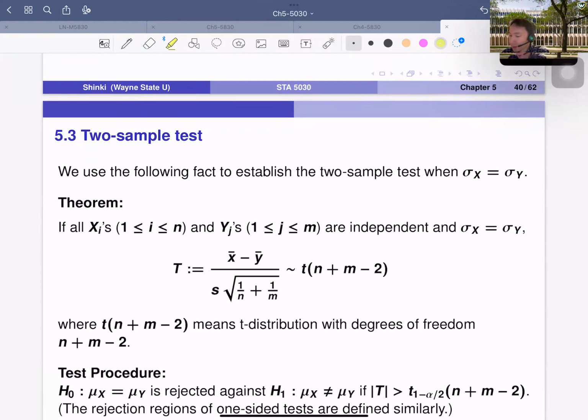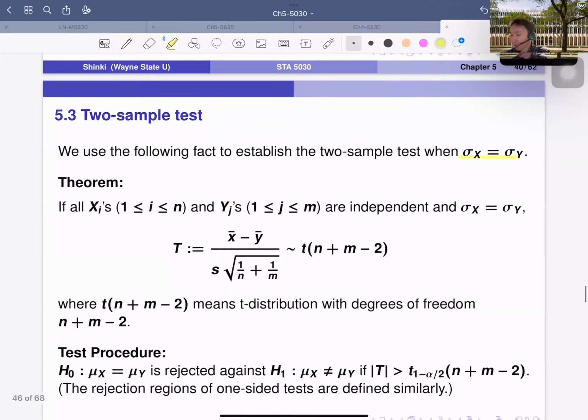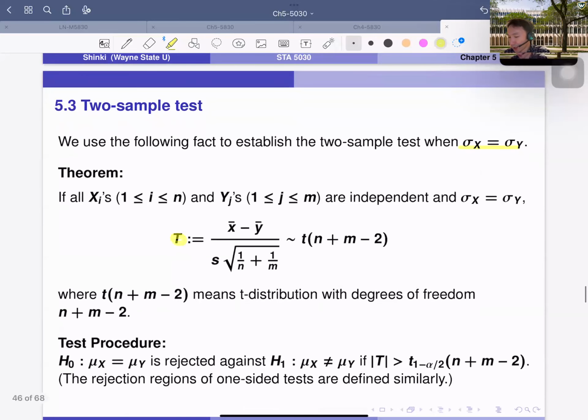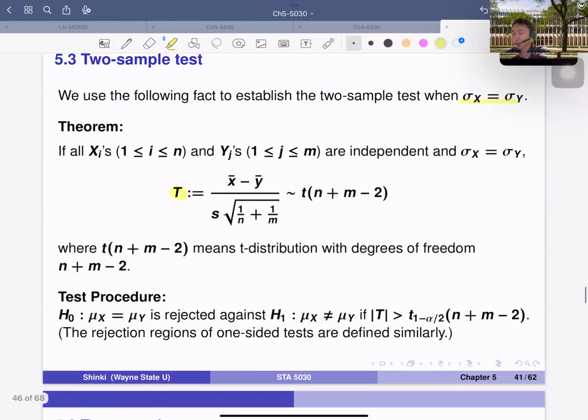Yeah, so if sigma x and sigma y are equal, that is our assumption, then we can use this test statistic T to test the difference between mu x and mu y.